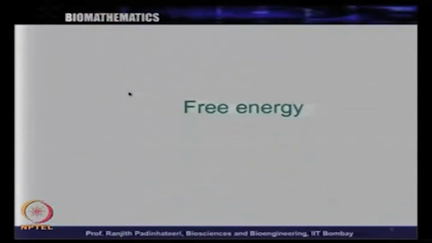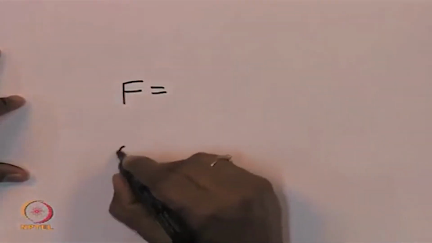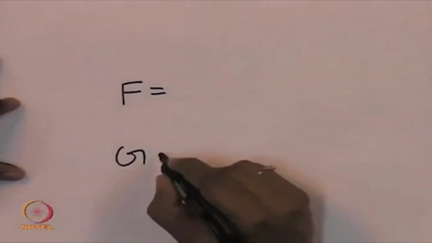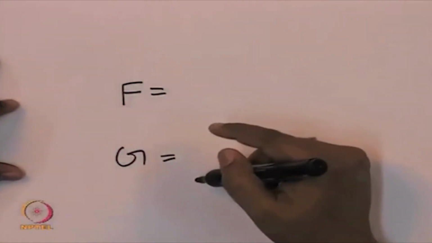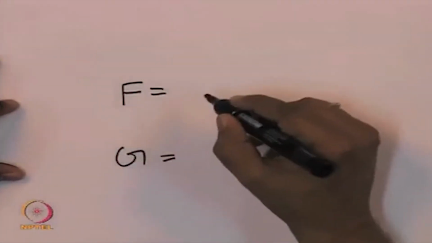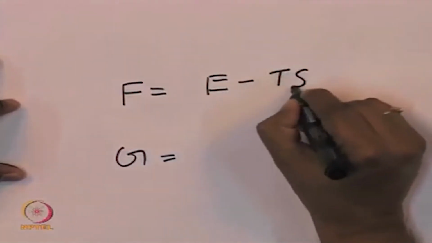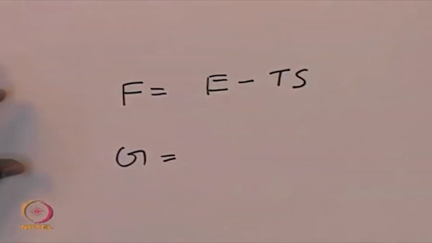The free energy is sometimes written as F, sometimes written as G. Today we will discuss F, and we will come to G and see the difference between these two in the next class. But F is basically energy minus temperature times entropy. F is E minus TS.